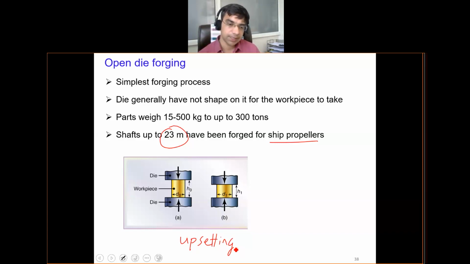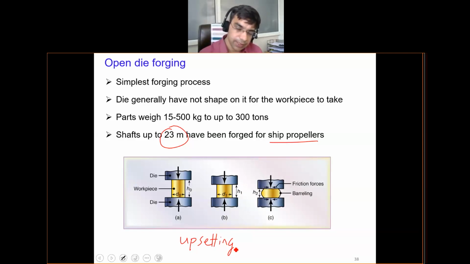A further increase in the compressive forces will lead to barreling on the external surfaces. This barreling is essentially because the object tries to expand, and there are friction forces acting at the interface of the die and the workpiece.